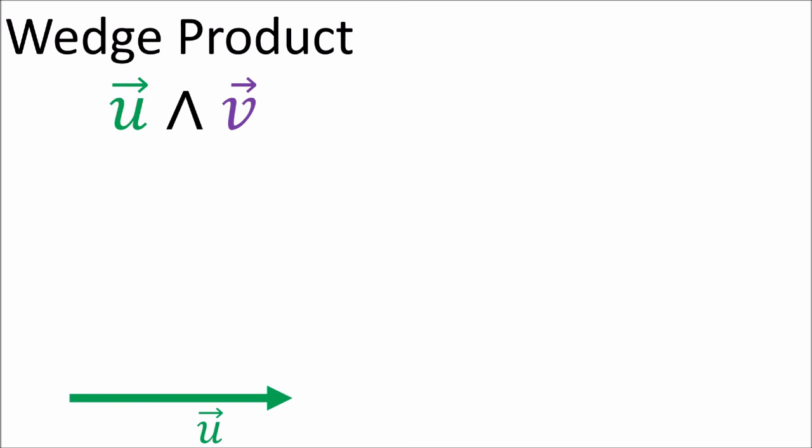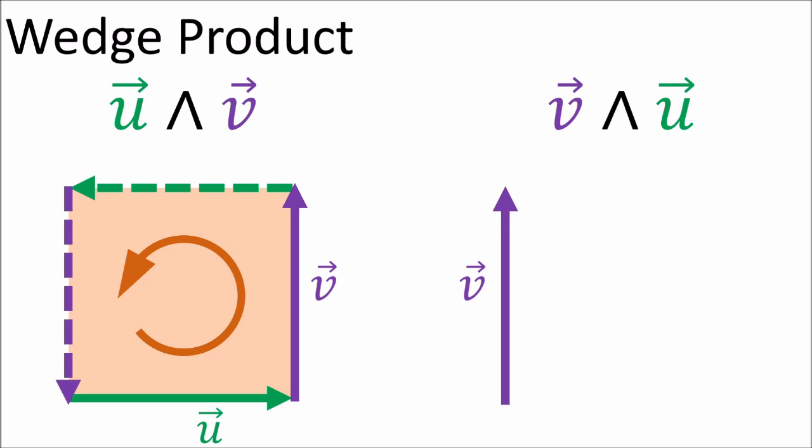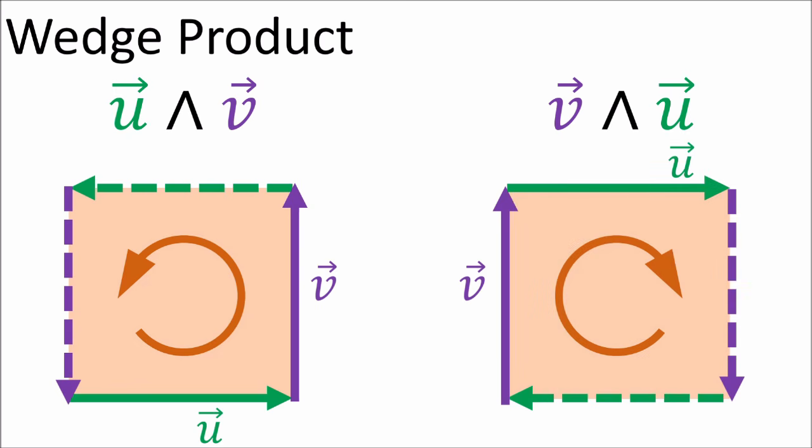If we have a vector u and another vector v, their wedge product, u wedge v, is a plane segment formed by u and v, with an orientation that follows the arrows. If we swap the order of these vectors and look at v wedge u, we get the same plane segment but with the opposite orientation. These oriented plane segments are called bivectors.